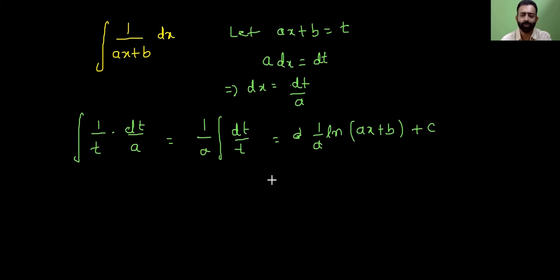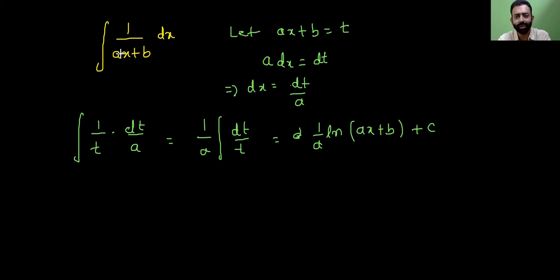So in general, if you have a function of 1 upon ax plus b, you just write log of ax plus b, but divide that with the coefficient of x. I think we have learned this in our integration when we learned the integration of exponential functions of the type ax plus b.